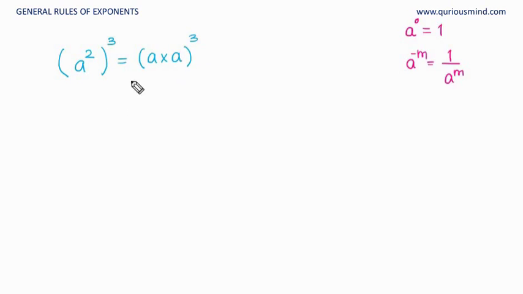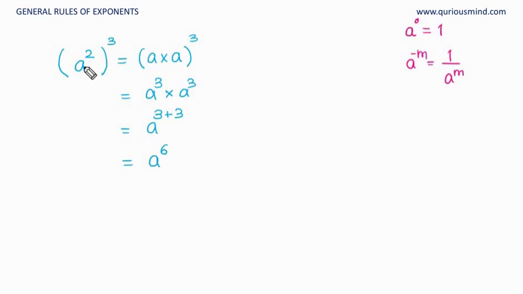And we know a into a raised to 3 is same as a raised to 3 into a raised to 3. And we know a raised to 3 into a raised to 3 is same as a raised to 3 plus 3. And that is same as a raised to 6. So a raised to 2 raised to 3 is same as a raised to 6.